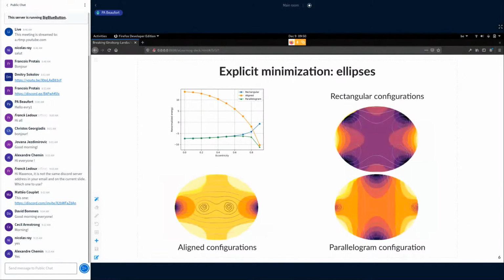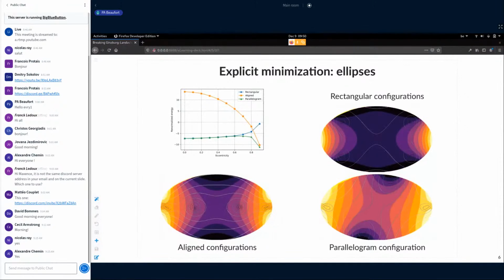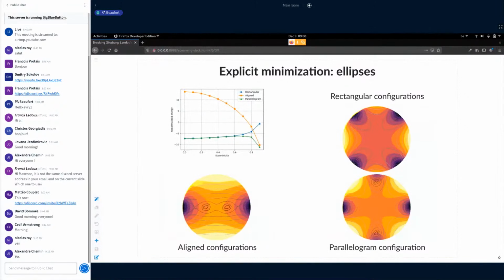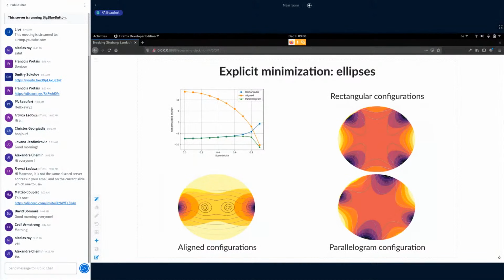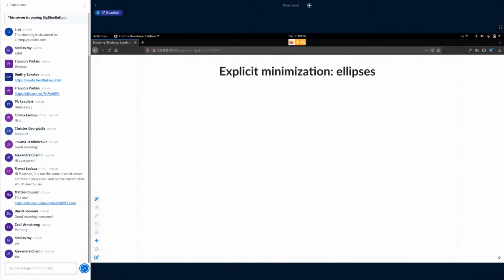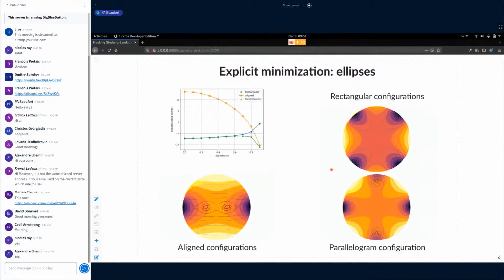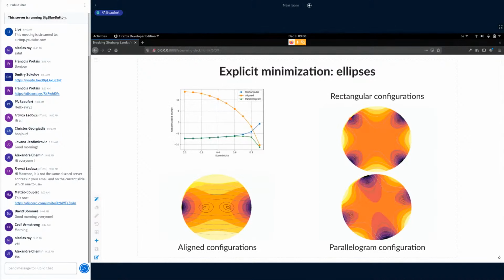And where those isocontours are black, that's where the R function is negative. And if we look back at the previous expression, we see that for the R function, there is a minus m. And so when R is negative, we are going to increase this energy. So we don't want to have critical points where R is negative.